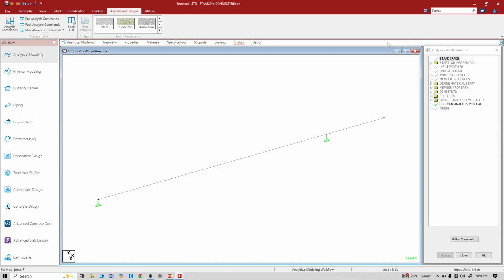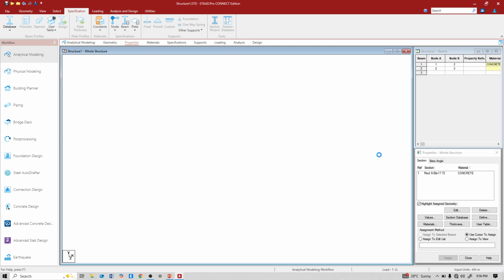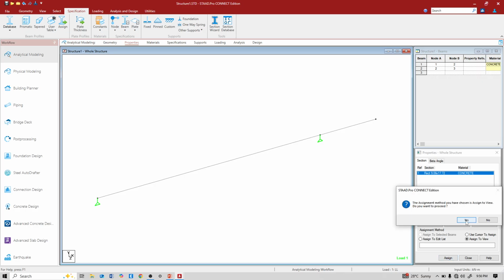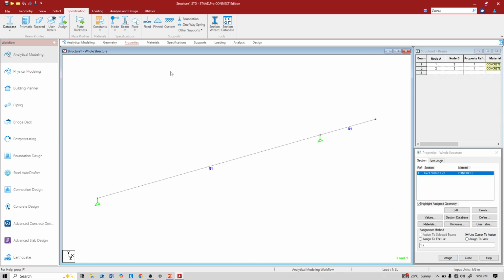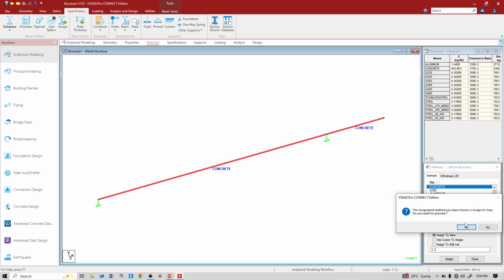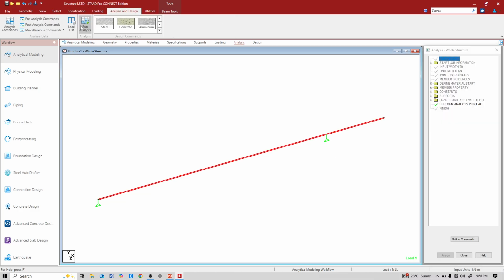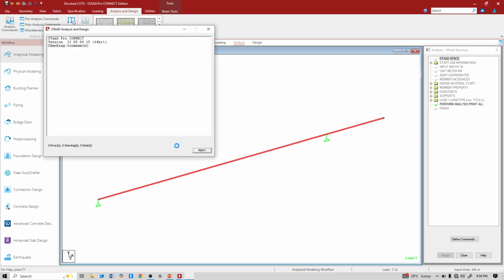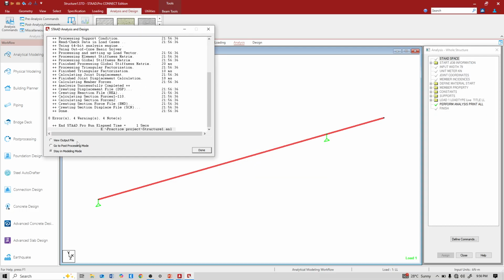So go to properties, go to section, assign to view, assign, go to materials, concrete, assign to view, assign, yes, again run analysis. So now zero errors.